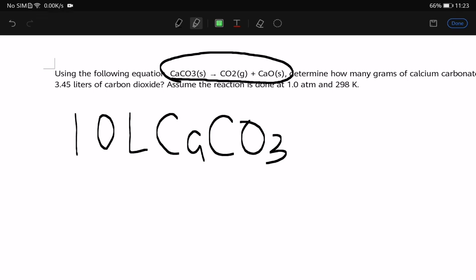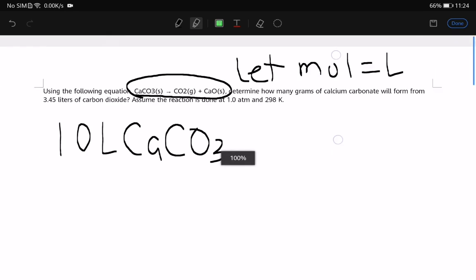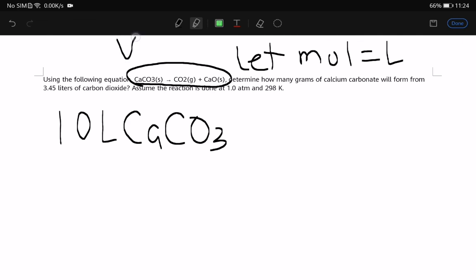Like I said, assume that the moles are the liters. So let your mole be your liter in this volume to volume relationship.